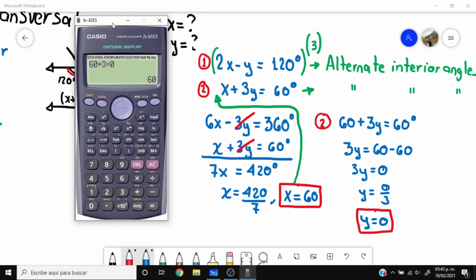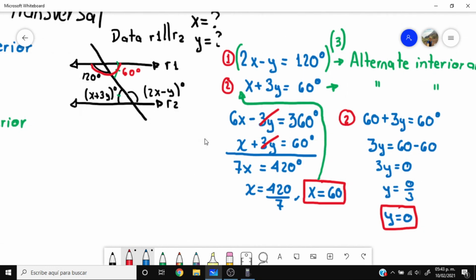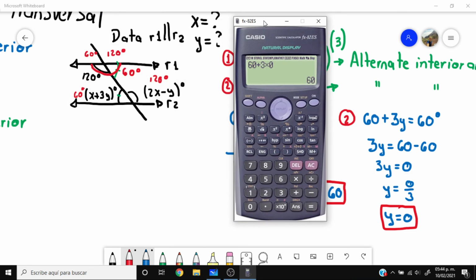Now that is a way to test your results. And also, this was 120 and this was 60. So that means that this is 60 and this is 120. If I add all these 4 angles, the addition is going to be 360 degrees: 60 plus 60 plus 120 plus 120 equals 360 degrees.